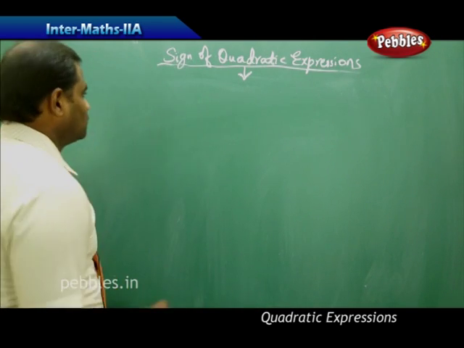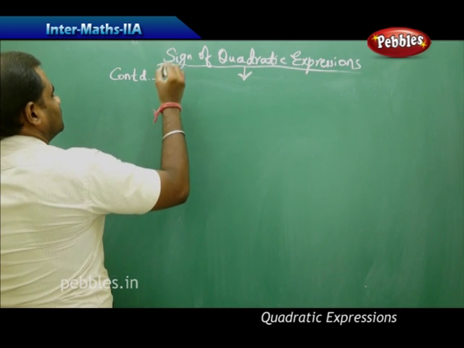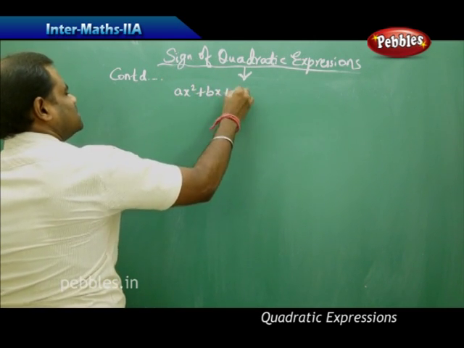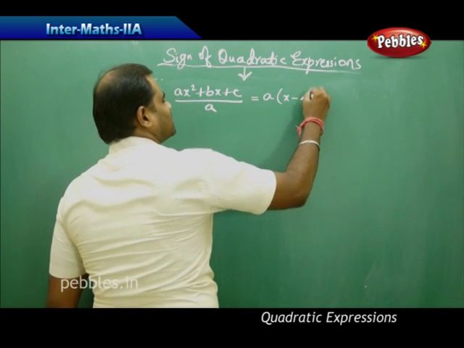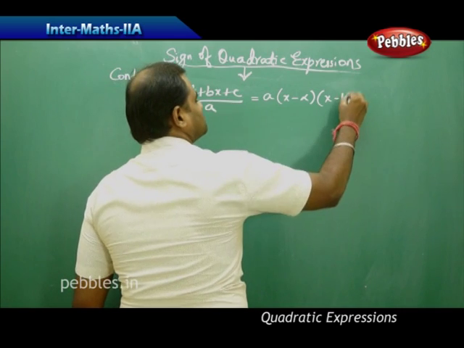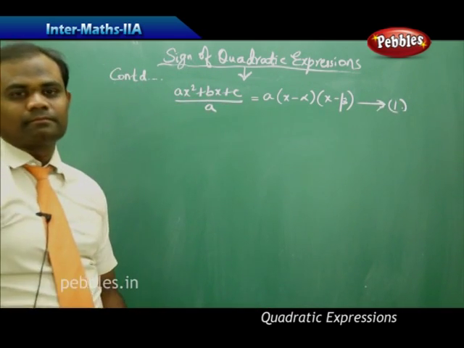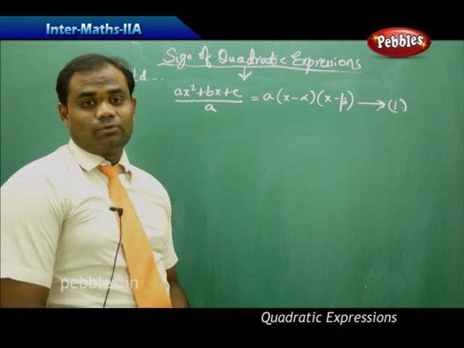So therefore we have obtained the expression ax squared plus bx plus c by a as x minus alpha into x minus beta, which I took as equation 1. Now using this, let's see how each of the cases can be proved.